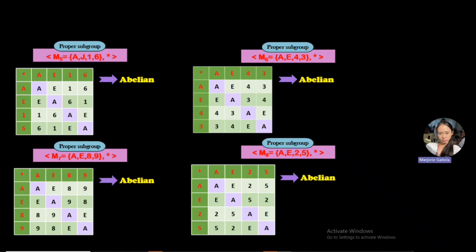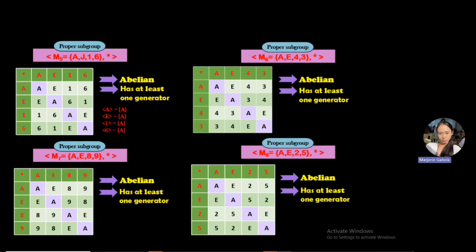Now let's see whether they have at least one generator, since they have already satisfied the first condition, which is abelian, because all cyclic groups must be abelian. In M sub 5, all of the elements generate only the element A or the identity element. Therefore, there is no generator that generates all of the elements. And since they are all isomorphic to each other, all of them are the same.